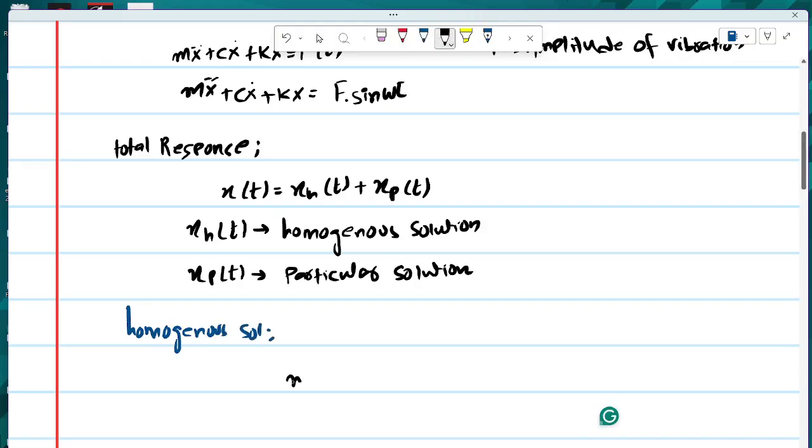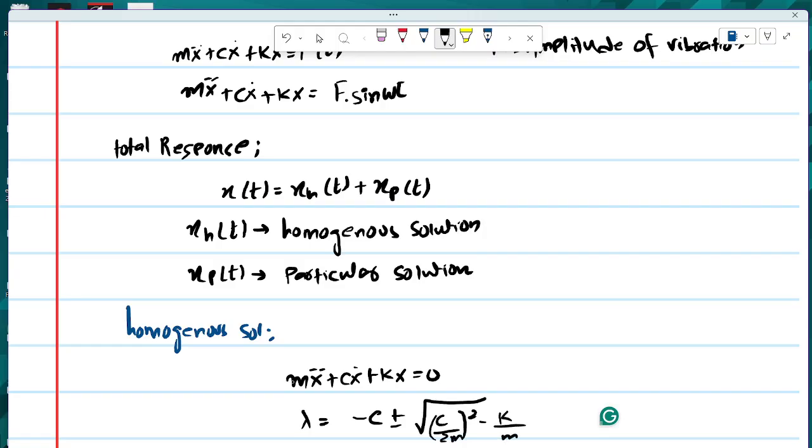If you write the homogeneous solution, we can rewrite the equation as m x double dot plus c x dot plus k x equals 0, and then we have the roots of the equation: minus c over 2m plus or minus the square root of (c over 2m) squared minus k over m.